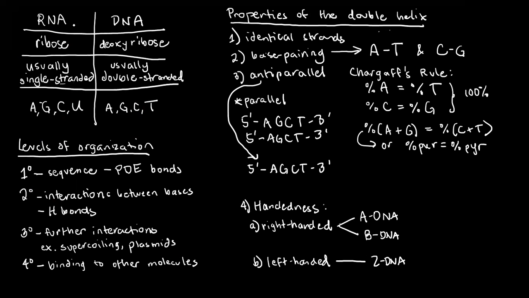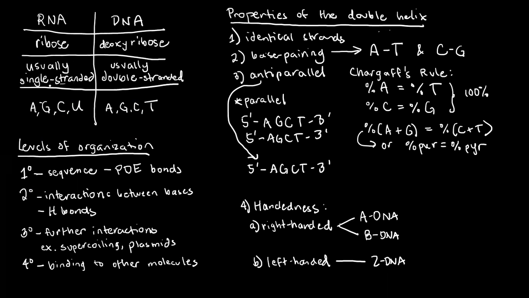But as far as the central dogma is concerned, the steps that we will be discussing about how RNA and proteins are synthesized, we usually see RNA existing as a single strand. And for DNA, although of course there is a possibility of finding single-stranded versions of DNA, for most part, when we talk about DNA and the central dogma, we imagine it as a double-stranded molecule.